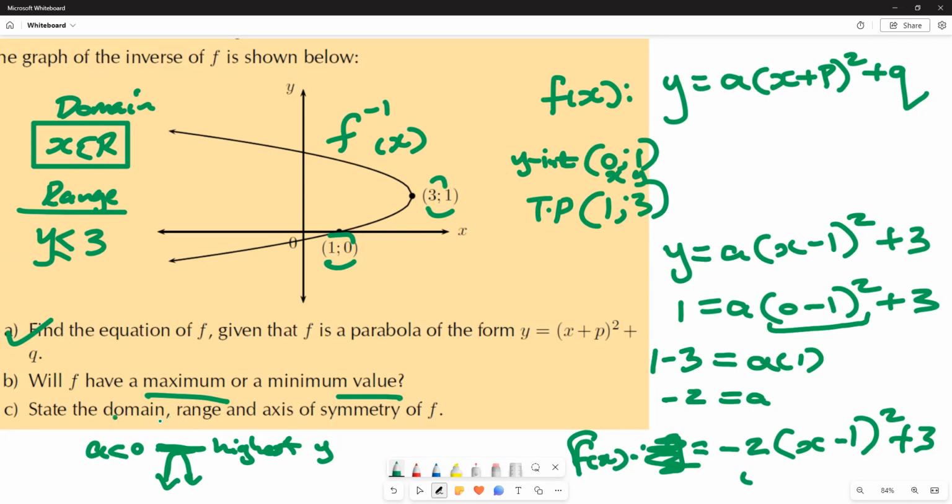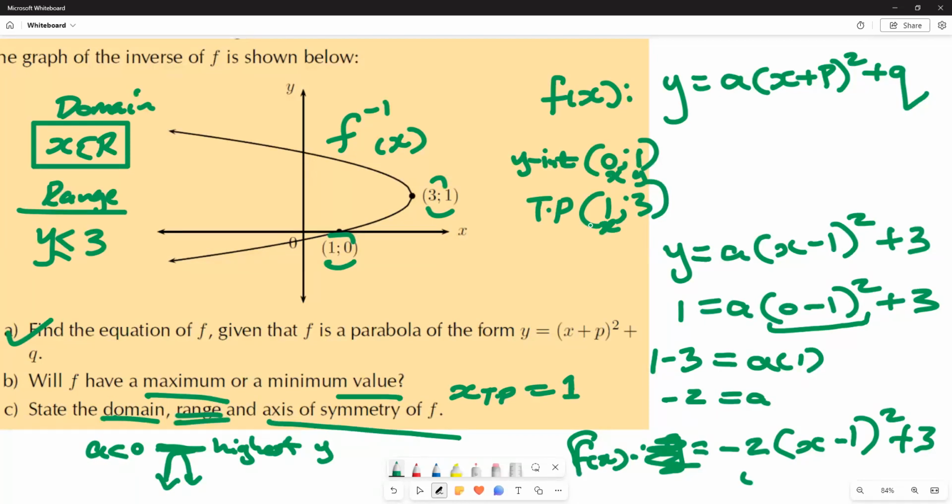And then the axis of symmetry, ladies and gents, is just the x value on the TP. Right? The x value on the TP cuts the graph into 2 equal parts. So in this case, x equals 1. Remember, the x value on the TP of the parabola was 1. So always, if the question says the axis of symmetry of a function, and that function is a parabola, they are indirectly asking you for the x value on the turning point.